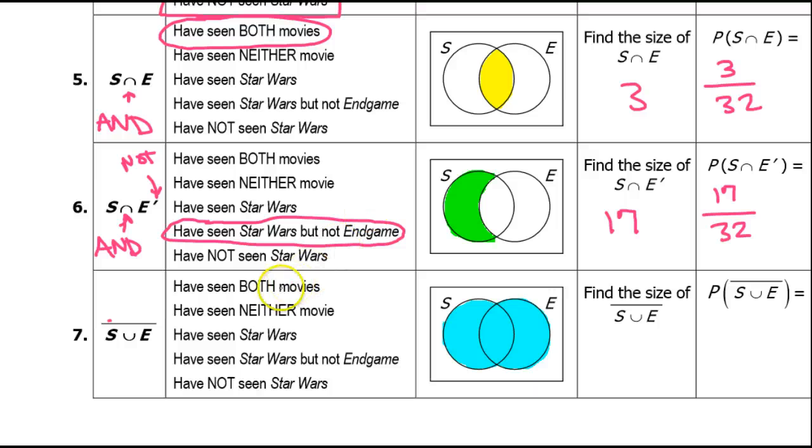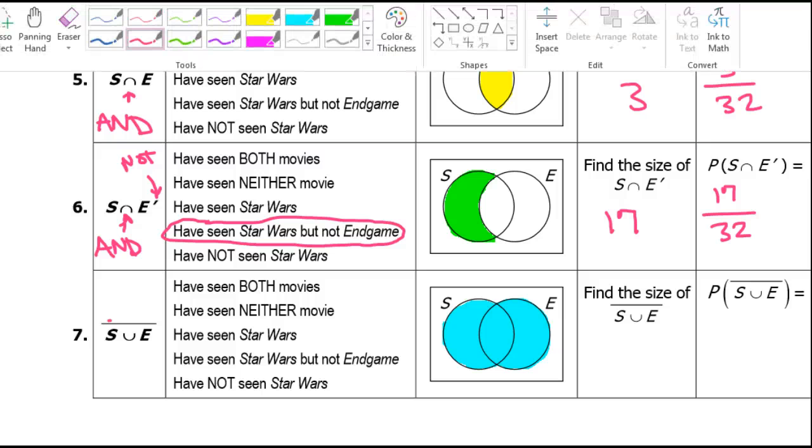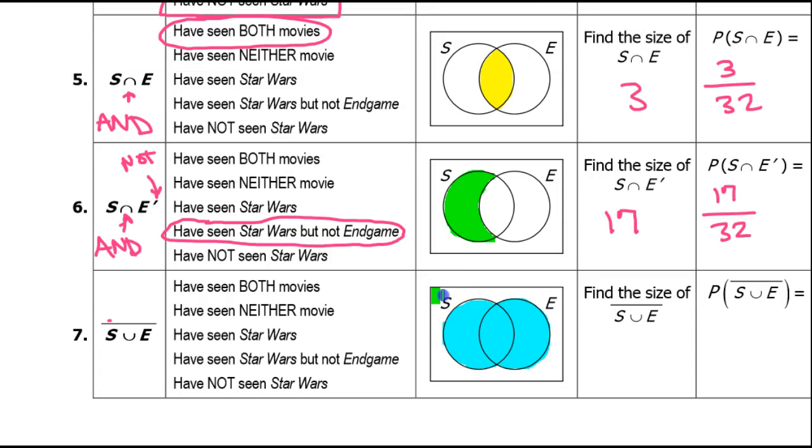Okay, however, this line means not S or E. So the actual solution has to be everything else. So imagine that I now went through and started shading everything outside of the blue that I just shaded. So you can see the solution is going to be this part right here.